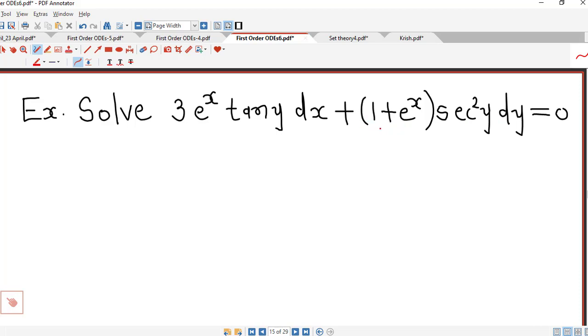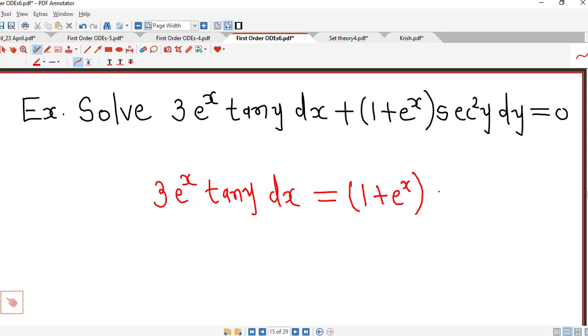From the observation we can see it is not possible to separate the variables, or we can try. Suppose we consider 3 times e raised to x tan y dx equal to, we take this on the right hand side, (1 plus e raised to x) sec square y dy, and here I have to put a negative sign. Now what we can check is whether it is possible to separate the variables.